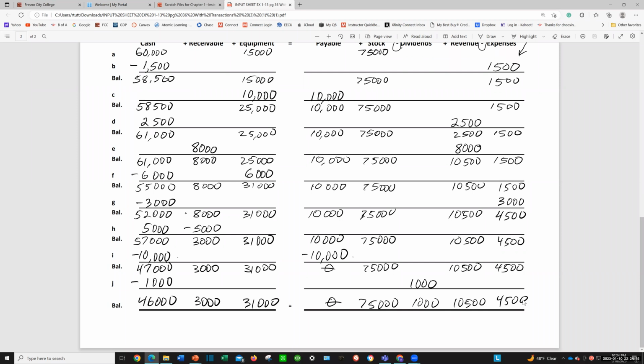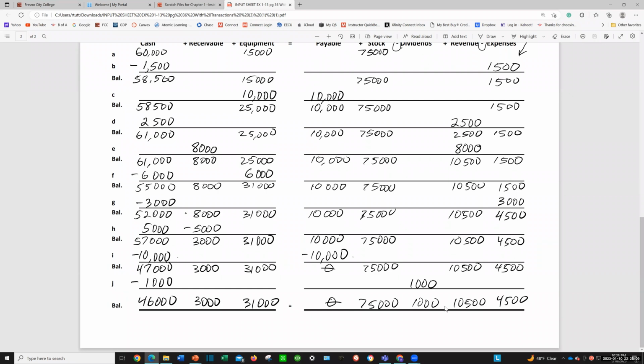Now, if you wanted to make sure this works, I can tell you here that if you add these three up, it's 80,000. 46,000 plus 3,000 plus 31,000 equals $80,000. Okay. Now, on this side, it should equal 80,000 as well.